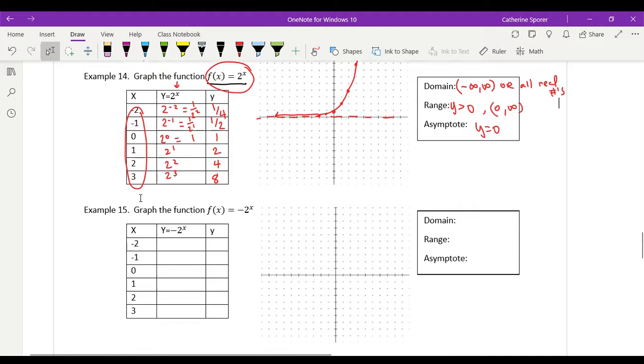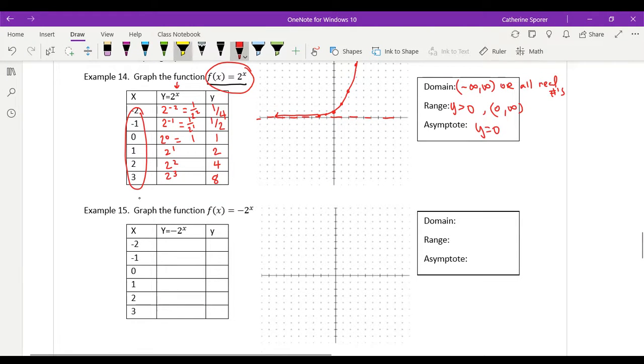If you look at example 15, graphing the function -2 to the x power, we'll do the same thing and plug in x values into that function. So plugging in -2 to the -2 power would be 1 over -2 to the 2 power. So flip it, make the power positive, but the number stays negative.